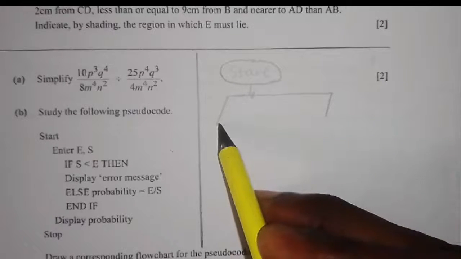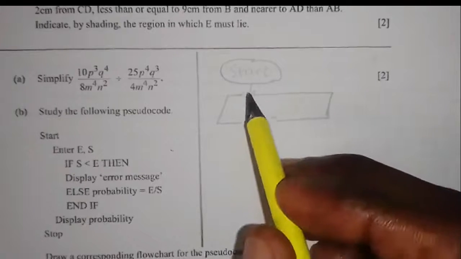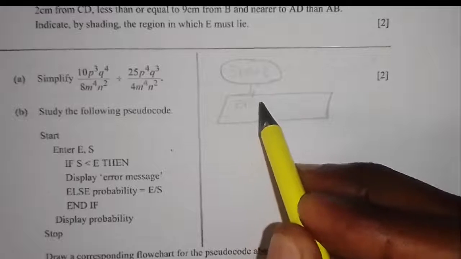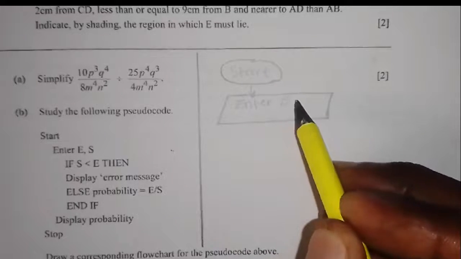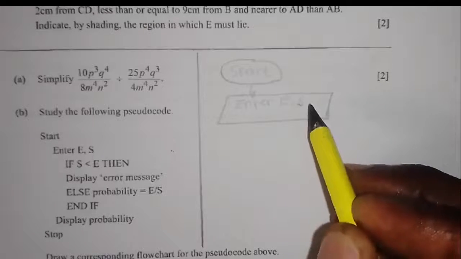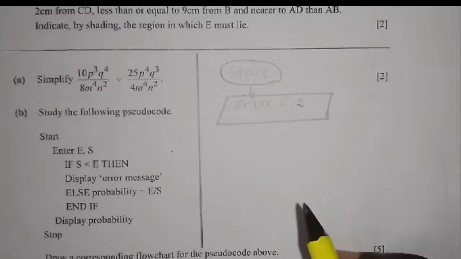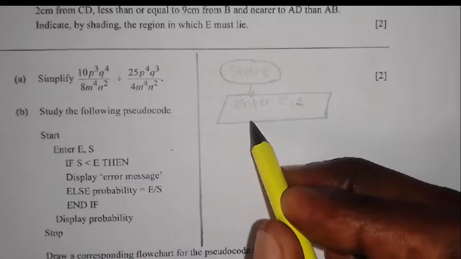So you just write what is there: enter E comma S. Then from there, an arrow.